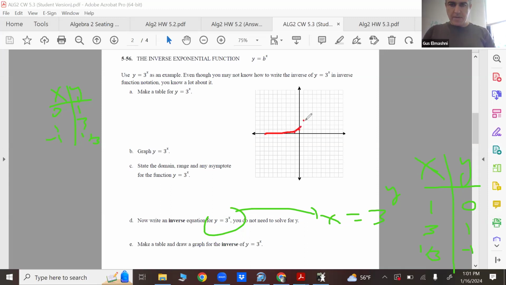And there was a horizontal asymptote. Let's go blue for the other one. 1, 0, 3, 1. It's going to look like that, guys.